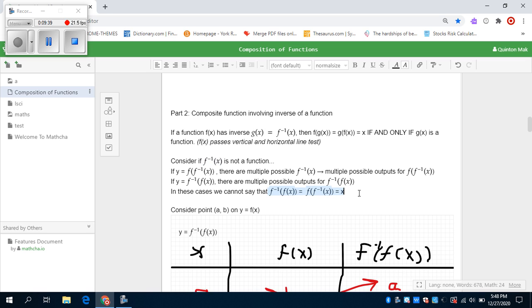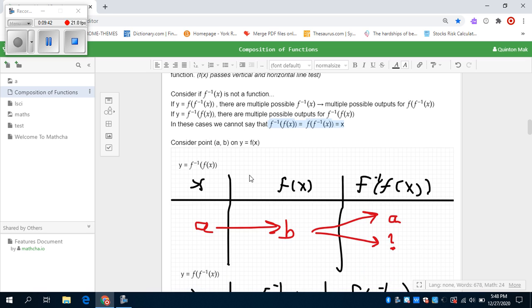If the inverse is not a function, we cannot say that this identity is true. If we have some point a, b on y equals f of x, normally if the inverse is a function, then for this composite function, you input a and you get b for f of x, and then b goes into the inverse function. Oh wait, no, this is if the inverse is not a function, sorry. If the inverse is not a function, then you input a and you get b for f of x. But you might get a, but you might also get something else.